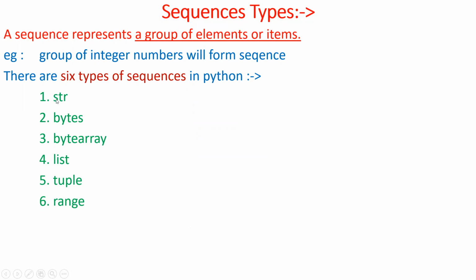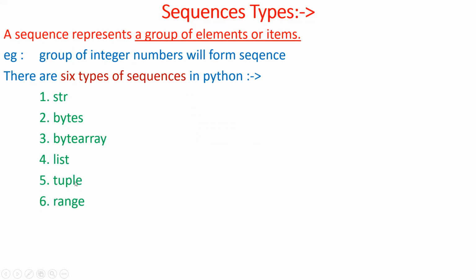Once again, the first one is str. It is used for handling strings. Bytes and byte array are totally different things. List and tuple contain different natures of data altogether.